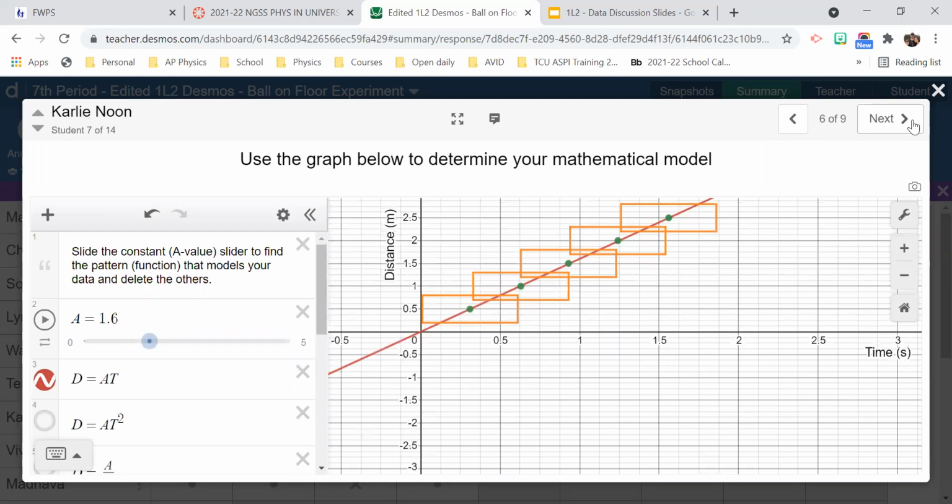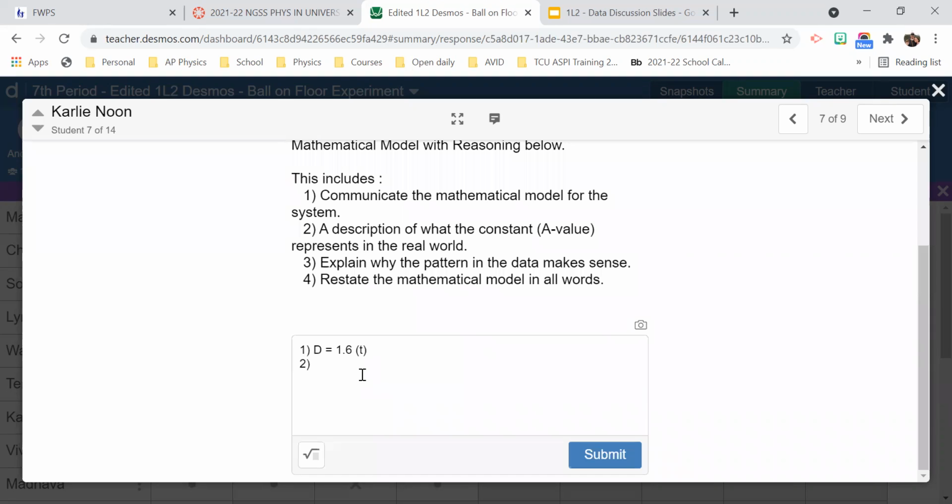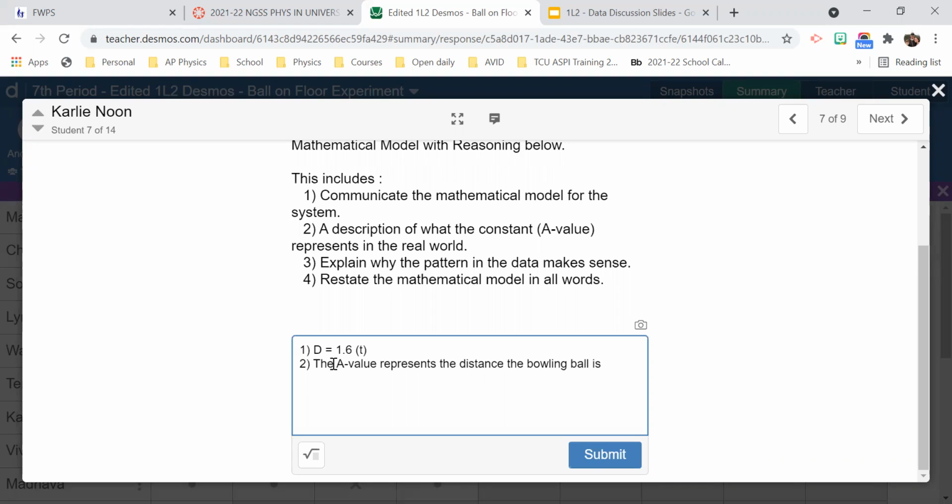So the A value represents the distance the bowling ball is able to travel in a given period of time.